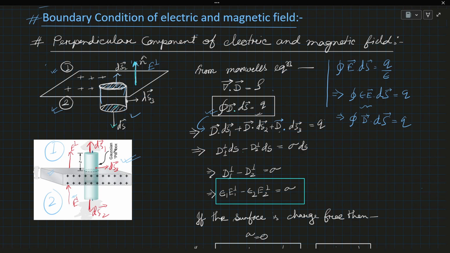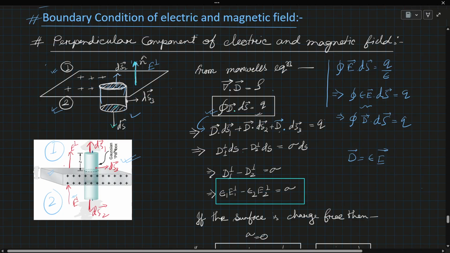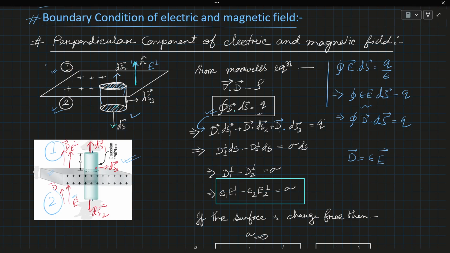Now, as you can see, for the S1 surface, D is equal to epsilon E. If I am taking the normal component, that means the perpendicular component of the electric field, and the electric field is in this direction, then D will also be in this direction. These are perpendicular directions.